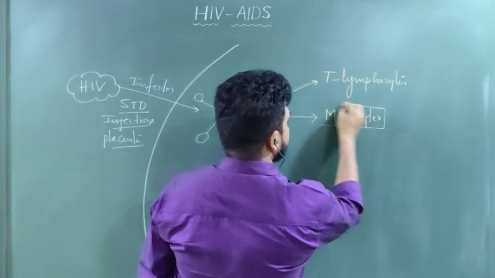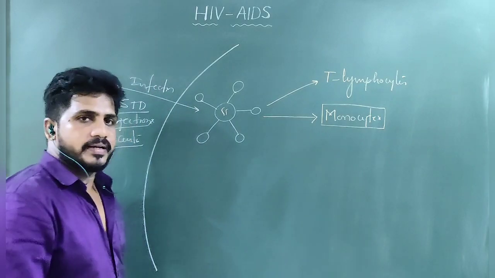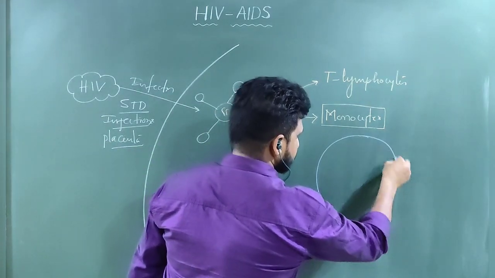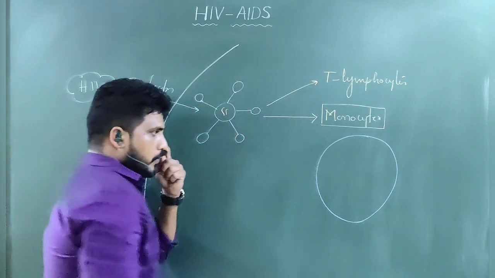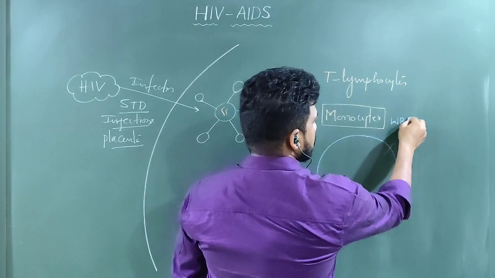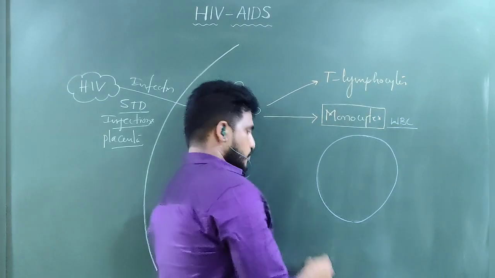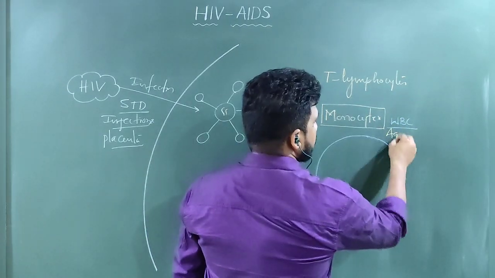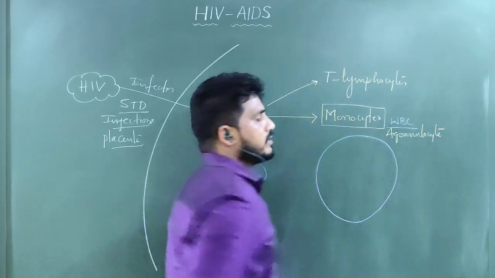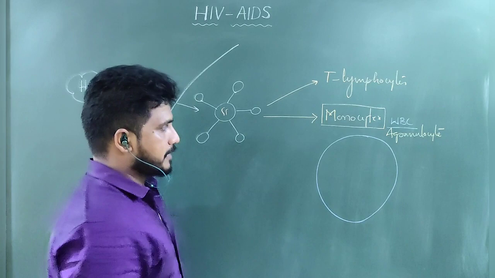But in monocytes, what is going to happen? Let us see. If this is the monocyte, it is nothing but a type of WBC which does not have granules, so it is called an agranulocyte. Agranulocytic leukocyte means WBC.